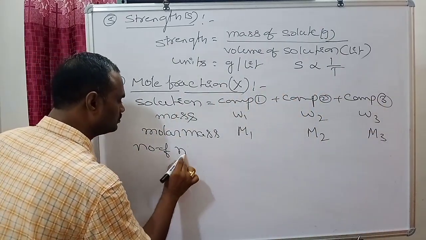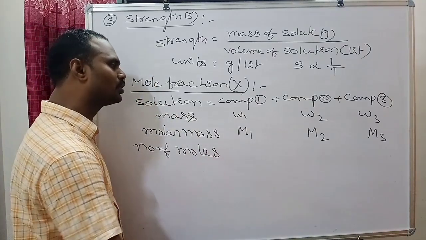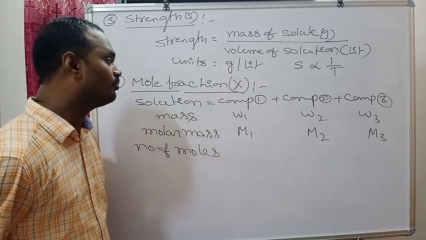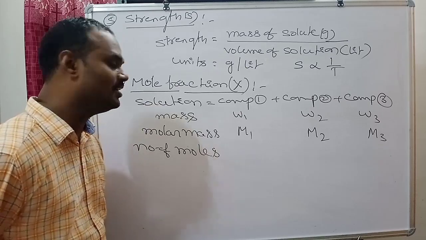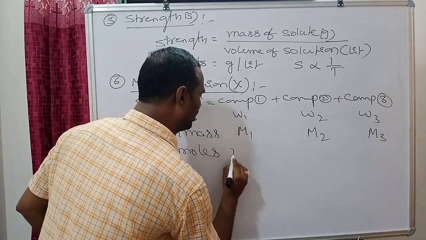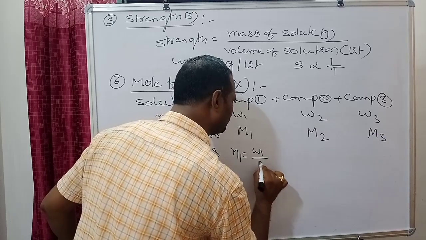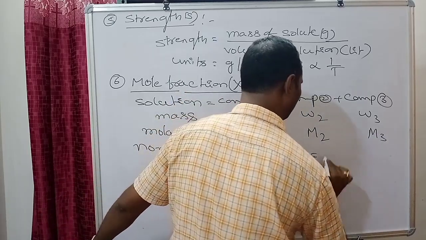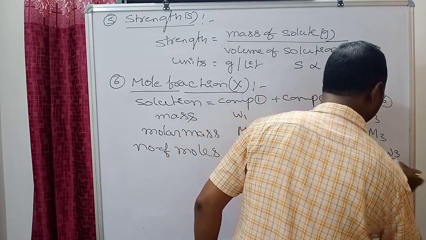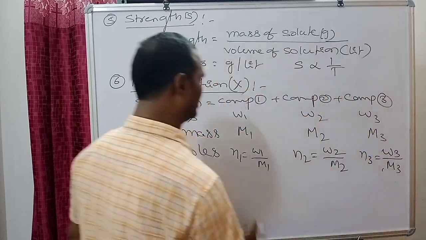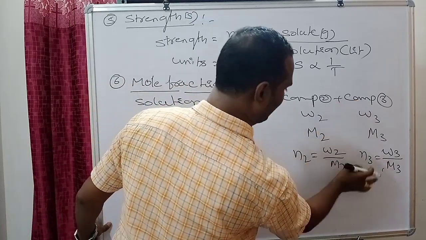Number of moles: if the mass is given, number of moles of solute is equal to mass of solute by its molar mass. Component 1 number of moles N1 is equal to W1 by M1, N2 is equal to W2 by M2, N3 is equal to W3 by M3. These are the numbers of moles of component 1, component 2, component 3.